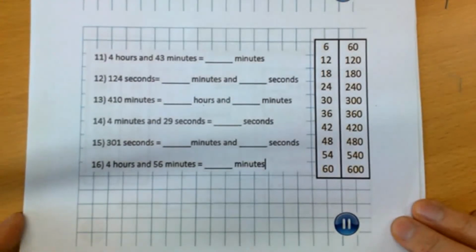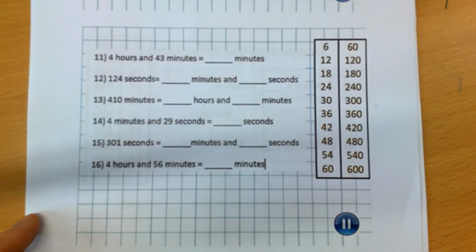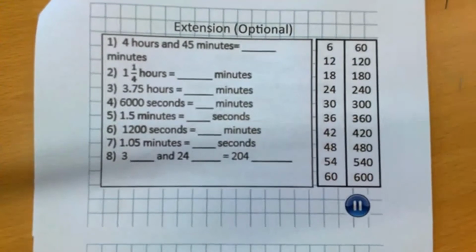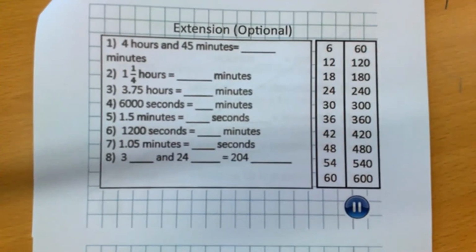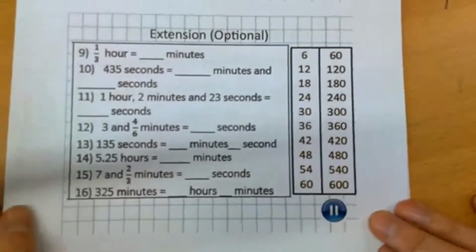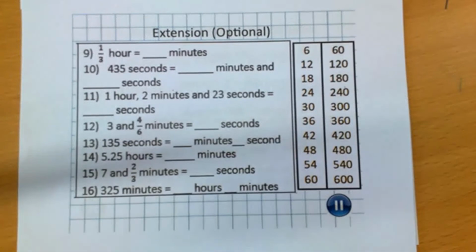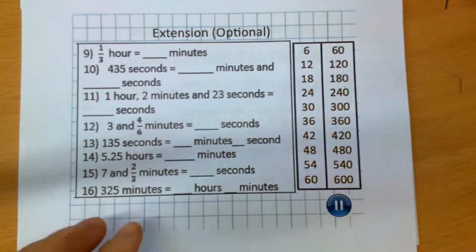And here are the final 6. Unpause if you'd like to complete the extension work now. So here are the first 8 of the extension, and then we have another 8, so unpause if you'd like to continue. And these are the extensions. Unpause for the answers.